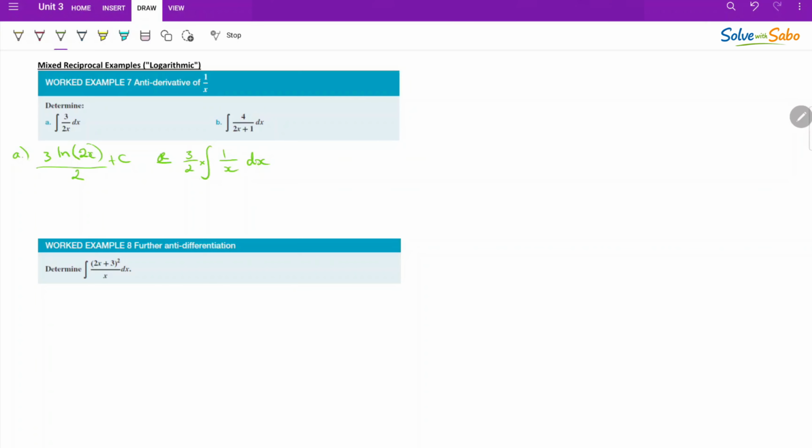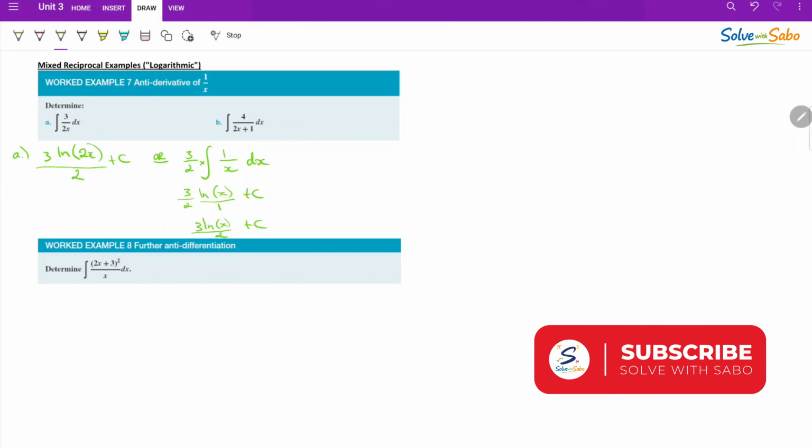All I've done is strip out that 3 over 2 fraction, because that's just a number, and I've left the 1 over x in there, because really I'm just integrating stuff to do with the x. That's the most important part. Now, if I do that, that's going to be 3 over 2 ln x divided by the derivative of my bracket, which is 1. And what I'm going to end up getting is 3 ln x over 2 plus c.